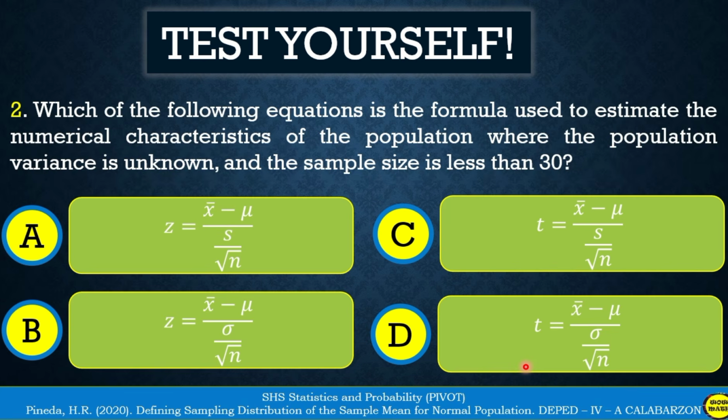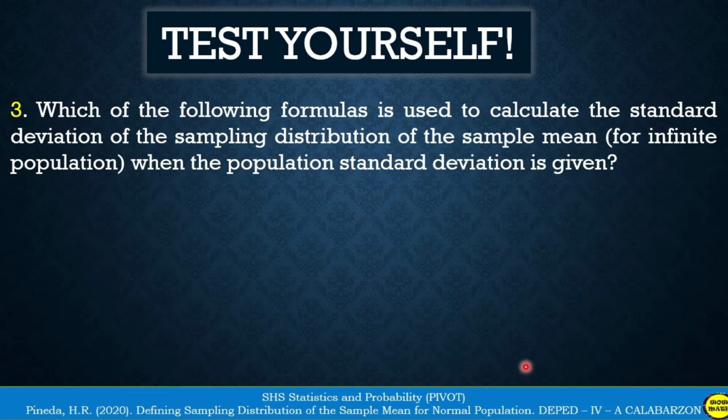Okay, let's proceed for number 3. Which of the following formulas is used to calculate the standard deviation of the sampling distribution of the sample mean for infinite population when the population standard deviation is given?